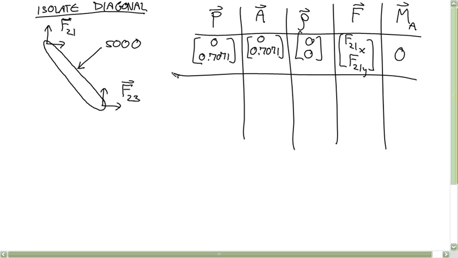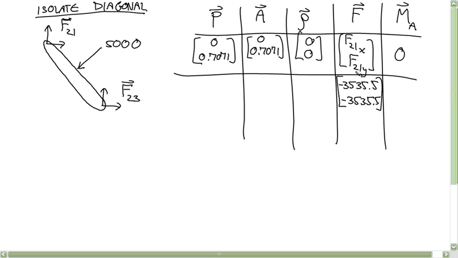And then this 5,000 Newton force, we know the force is negative 35.5 and negative 35.5.